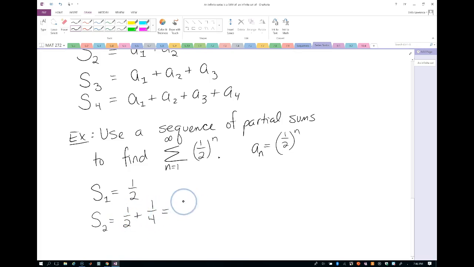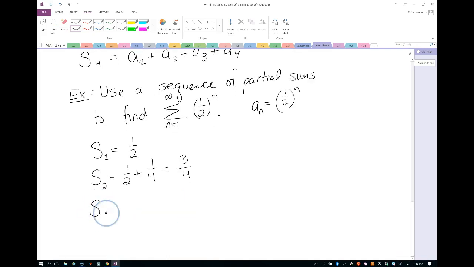Well, 1/2 plus 1/4 is 3/4. And usually you want to generate at least 4 or 5 of these in order to recognize a pattern. If we do the first 3 terms, we're going to have 1/2 plus 1/4 plus 1/8. We already know 1/2 plus 1/4 is 3/4, so now I just have to add 1/8 to that to get my next term, and I get 7/8.